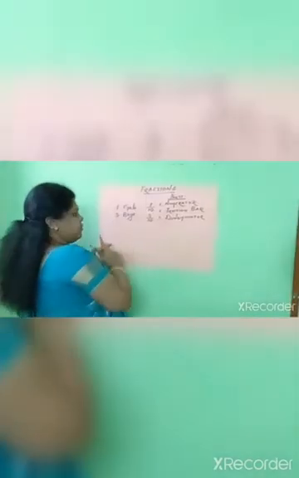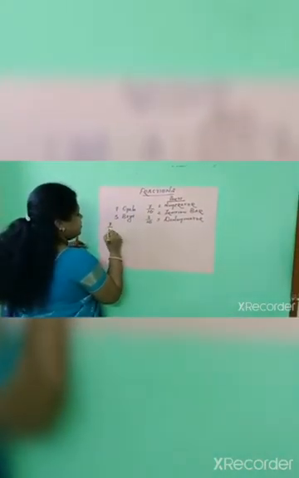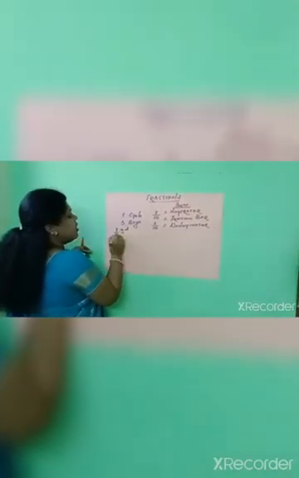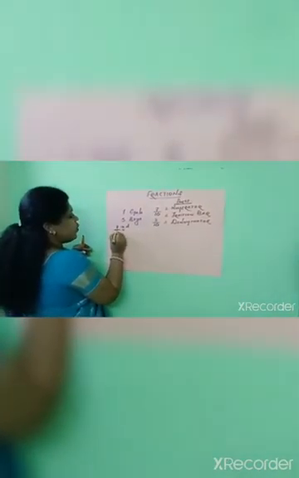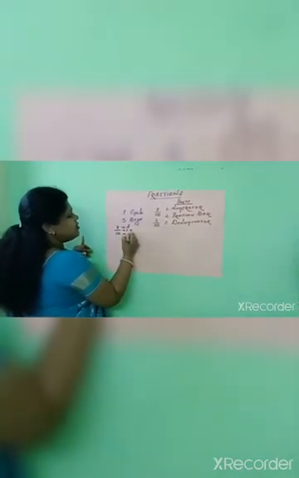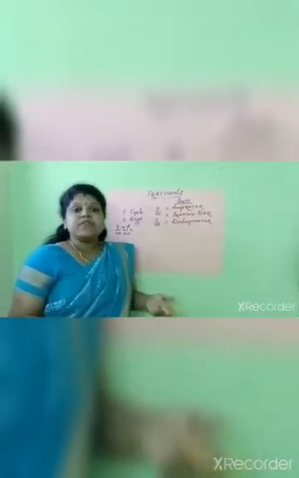Let's take this fraction, 7 by 10. 7 is numerator and the line in between is the fraction bar, and the number which is written down is denominator. Now let's see the types of fractions.